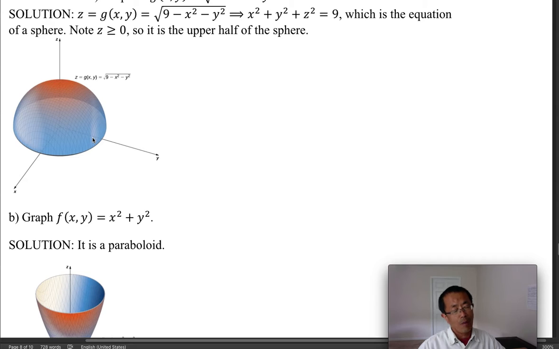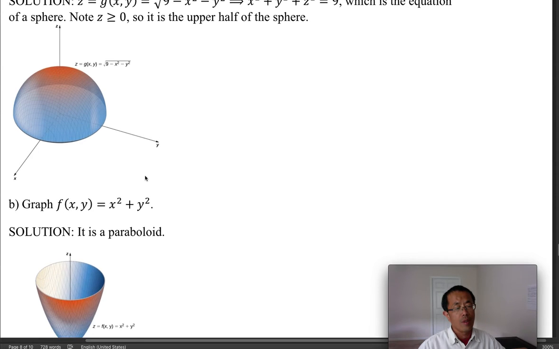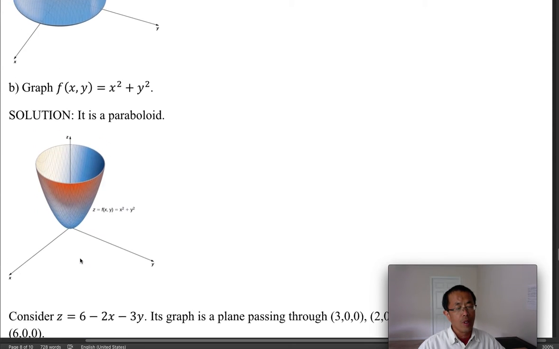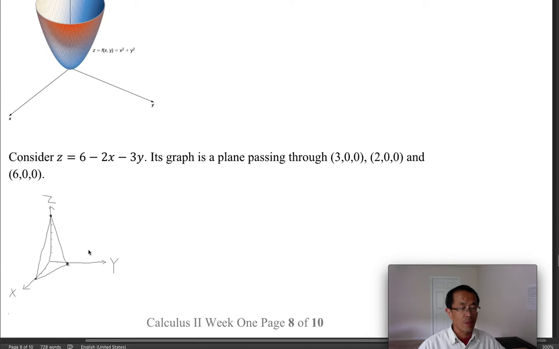We may have the surface as a sphere, or the surface as a paraboloid, or in a very simple case, the surface just turns out to be a plane. A linear function in three-dimensional space represents a plane, not a line anymore.